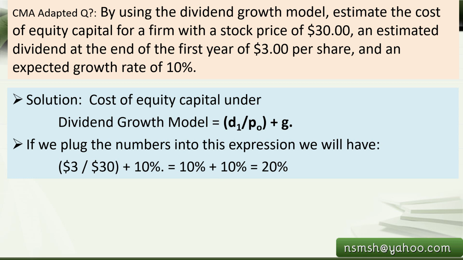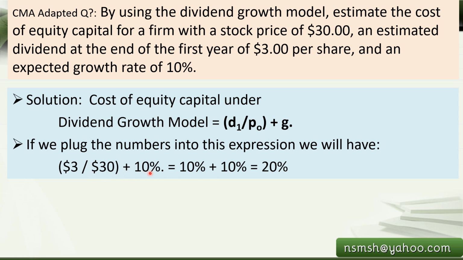Question: by using the dividend growth model, estimate the cost of equity capital for a firm with a stock price of $30, an estimated dividend at the end of the first year of $3 per share, and an expected growth rate of 10%. It's easy here. The solution is the dividend next year divided by the price, plus the growth rate. If we plug the numbers into this expression, the dividend at the end of the first year is $3 and the price is $30, plus the expected growth rate of 10%.